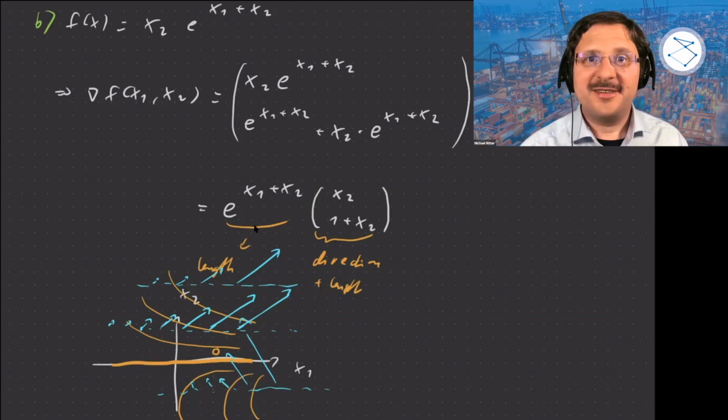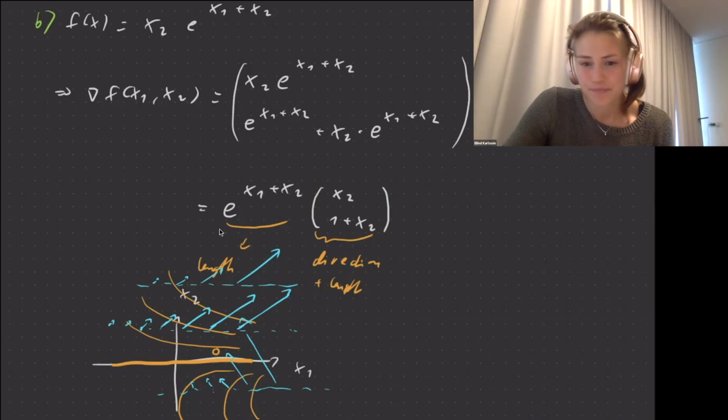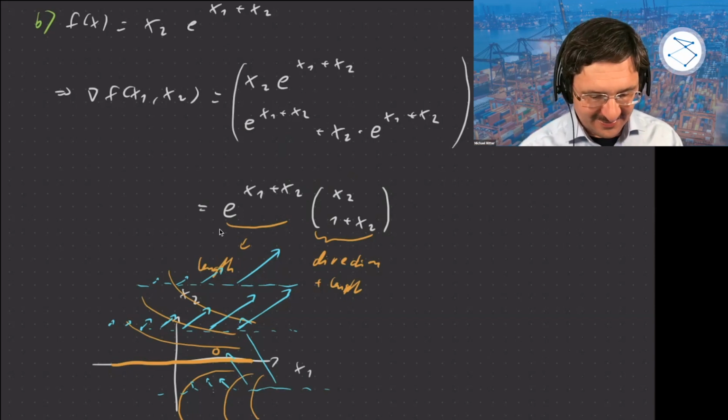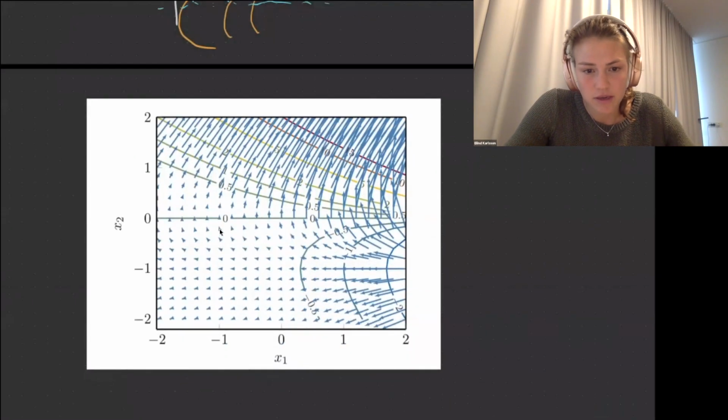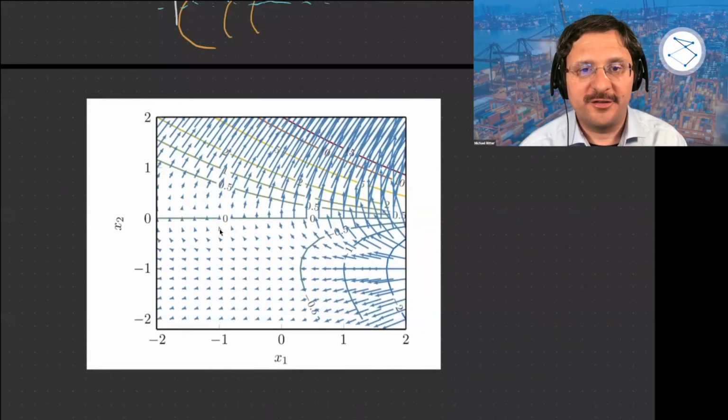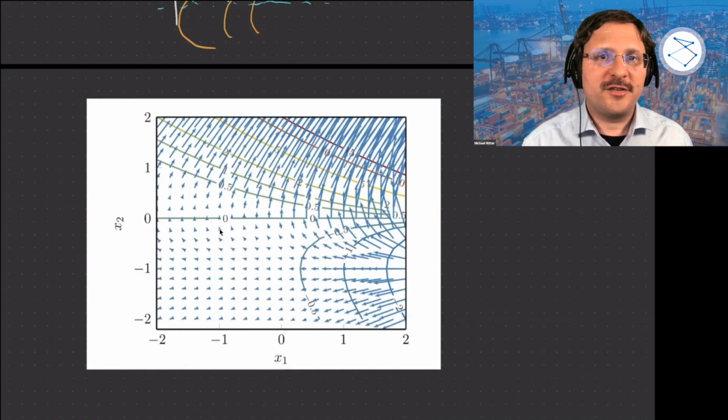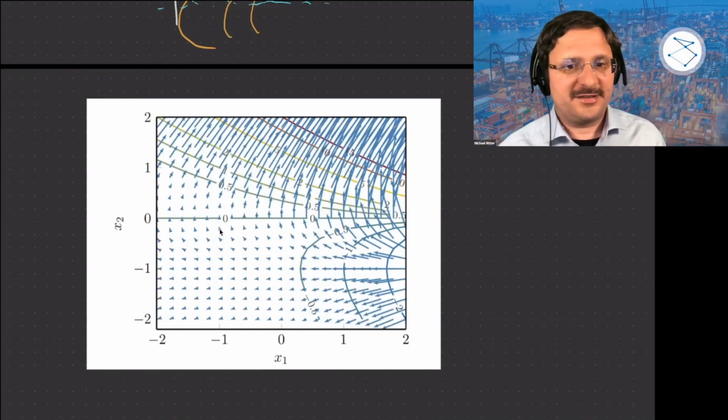Any more questions? Good. No, there's one more. It just came in. Do the level sets come from F or the gradient? The level sets come from F, of course. The gradient is not a function that has real values, so it doesn't have level sets. Right?